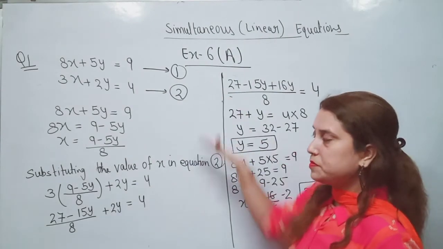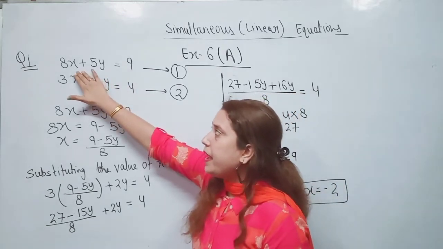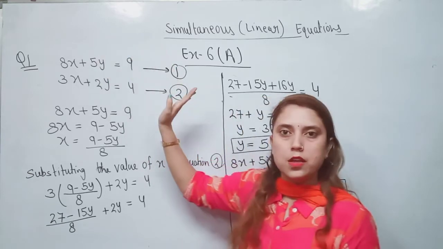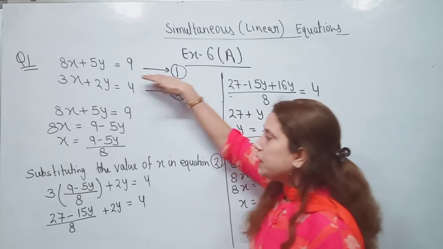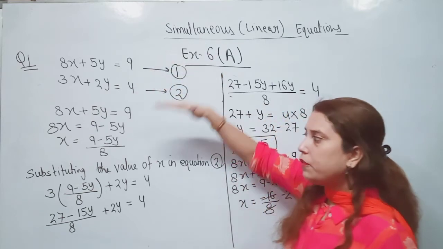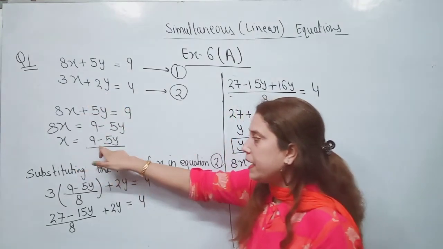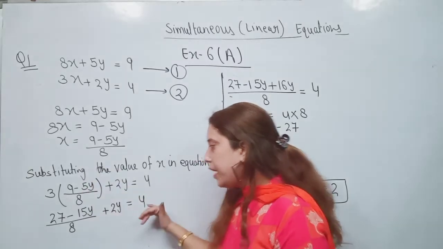So this is the substitution method. First we find the value of x in terms of y. You can also find the value of y in terms of x. Okay beta, after finding the value of x from equation first, put the value of x in equation second. In place of x we put 9 minus 5y upon 8 and then solve for y.